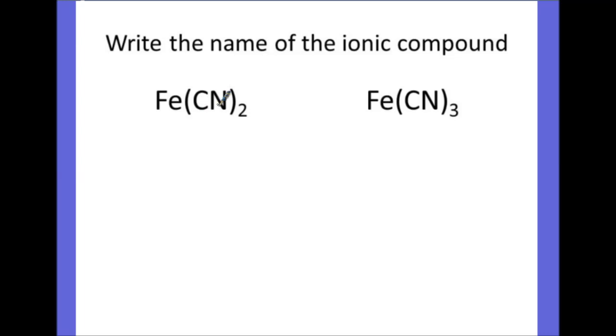So my trick is, here's what I would like for you to do: look at the anion first, because the anion will give away what the charges are. So look for CN. CN is going to be a -1 charge. So that means that this 2 came from this Fe. That means they have to have a +2 charge.